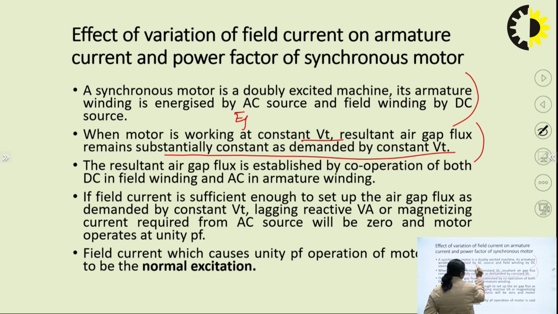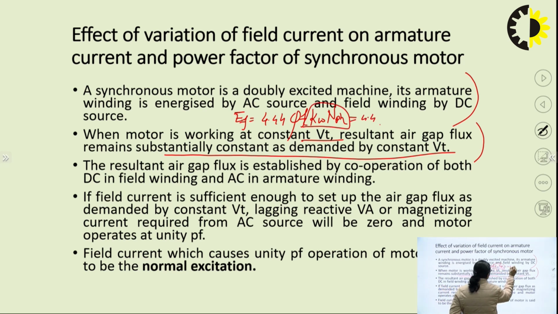Now, let us write down the equation of the same. It is 4.44 phi F Kw Nph, where phi is the flux per pole. Instead of Kw and Nph, I can write 4.44 phi F Nph dash, where Nph dash is the effective number of series connected turns per phase, and Nph is the number of series connected turns per phase.